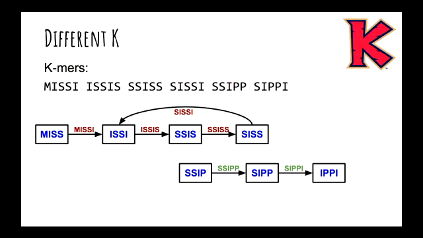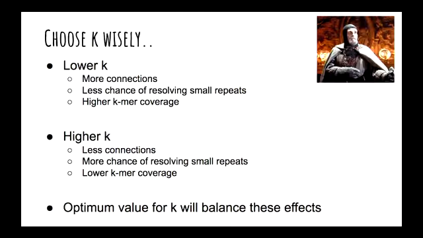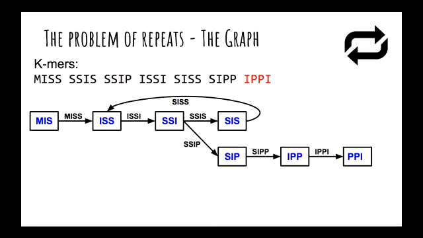At low values of k, we get this nice connected graph, but we have these little loops and things. And from the law of repeats, if the repeat is shorter than our read length, or our read lengths are longer than our repeats, we can resolve them. So if we make the k-mers bigger, hopefully we'll get to the point where we can resolve some of these loops and remove them from the graph.